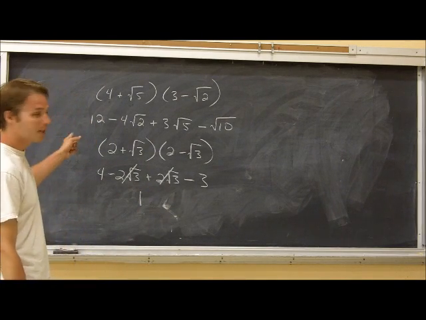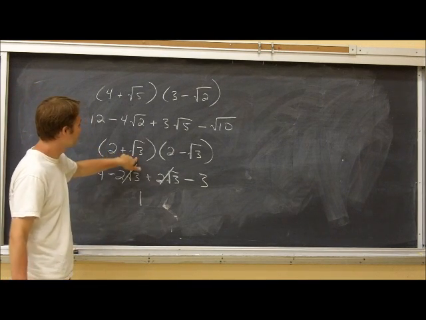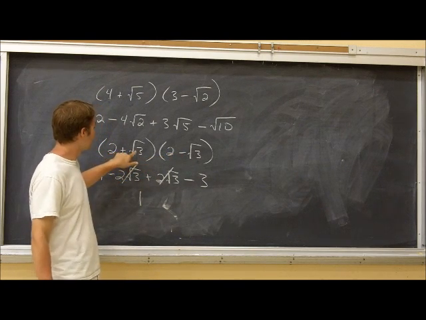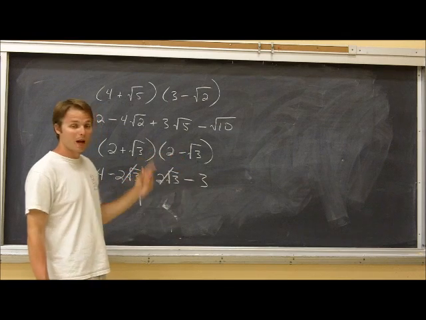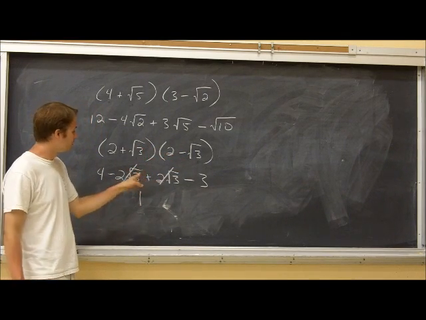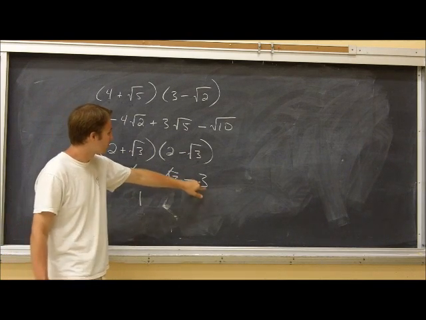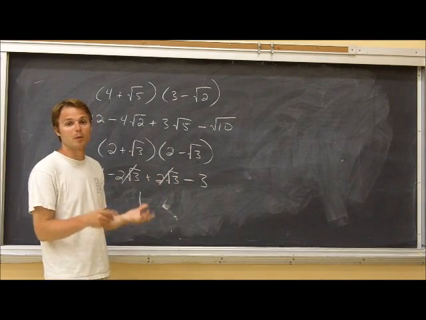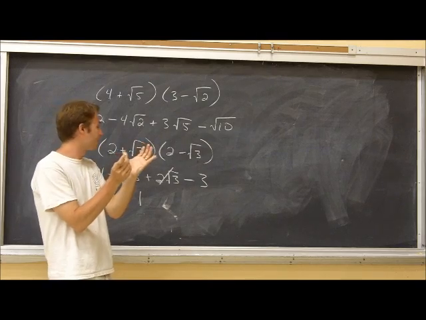Now, if you ever set one up like this, where you have the exact same two terms in the expression, and the only thing that's different is there's a plus here and a minus here, then what will happen is the radical parts will always go away, because the 2 in the middle will cancel out, and then the one that you get from the end, by multiplying these two together, the square root will end up going away because you're multiplying the same two square roots together.